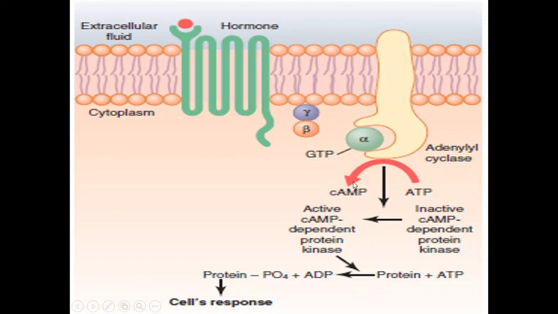The cAMP itself is the second messenger, which generates the physiological effect, which generates the cell response. How does it generate cell response? It may in turn affect intracellular ions.